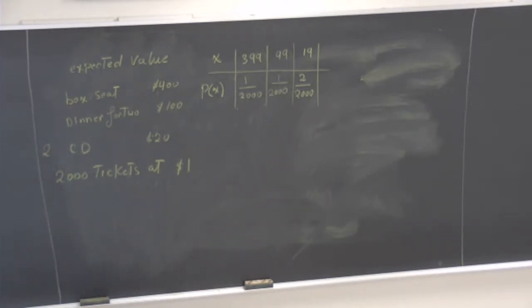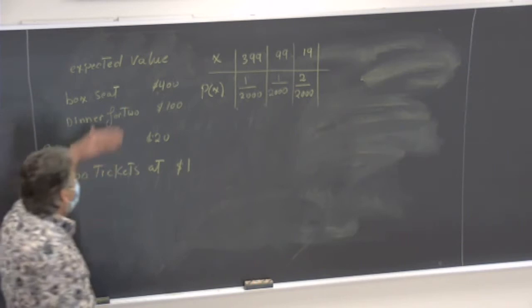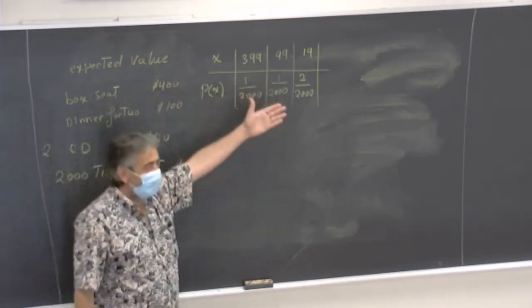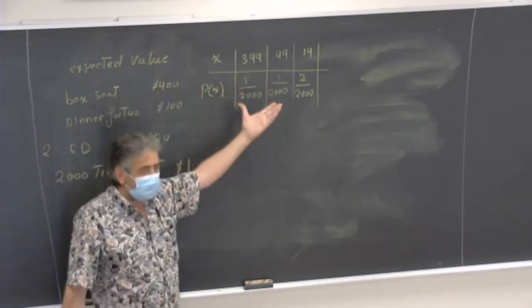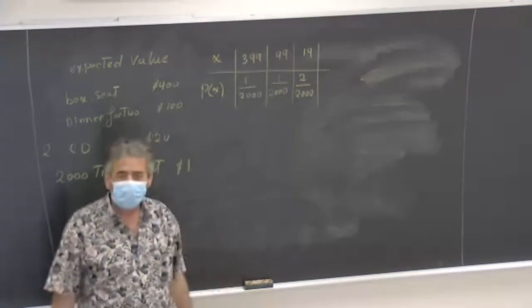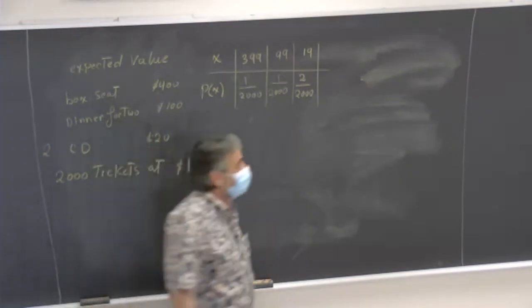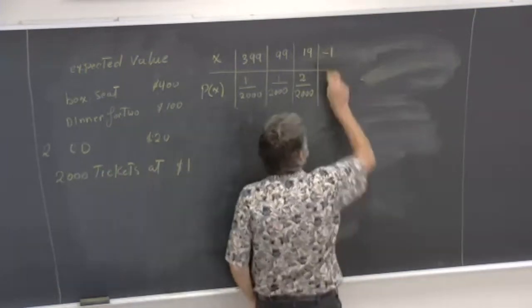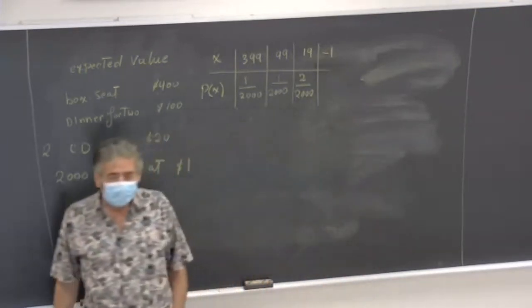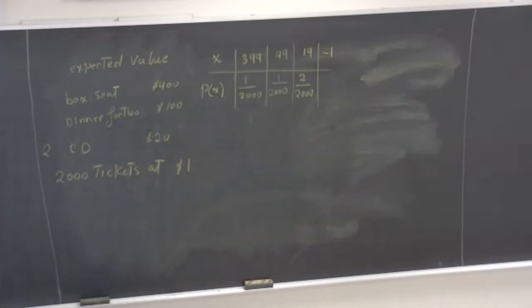What's the last choice? That's all the winning you could have. What's the other choice? You lose. What do you lose if you lose? Since we're talking about winning as a positive, losing would be negative.